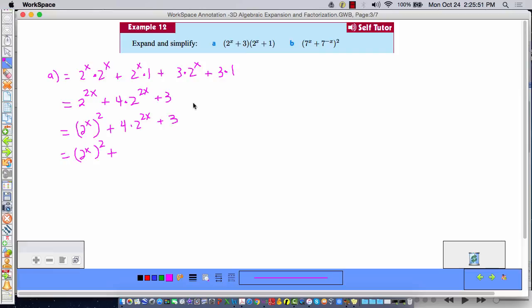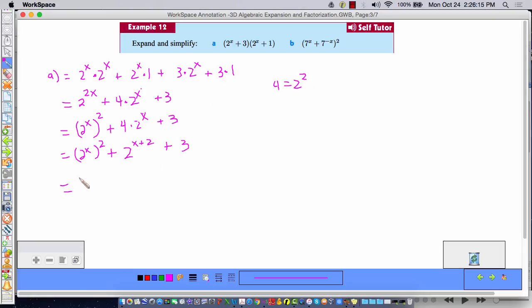Well, 4 I can write as 2 squared. And if it's 2 squared, then I have the same base, 2 squared times 2 to the x. Why do I have 2x here? This is just 2 to the x. Uh-oh. Mrs. Becker telling me the wrong thing. So this would be 2 to the 2 plus the x, or x plus 2 plus 3.